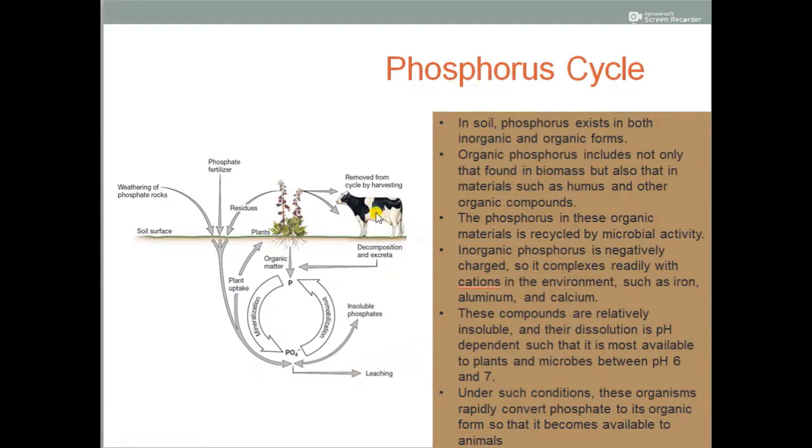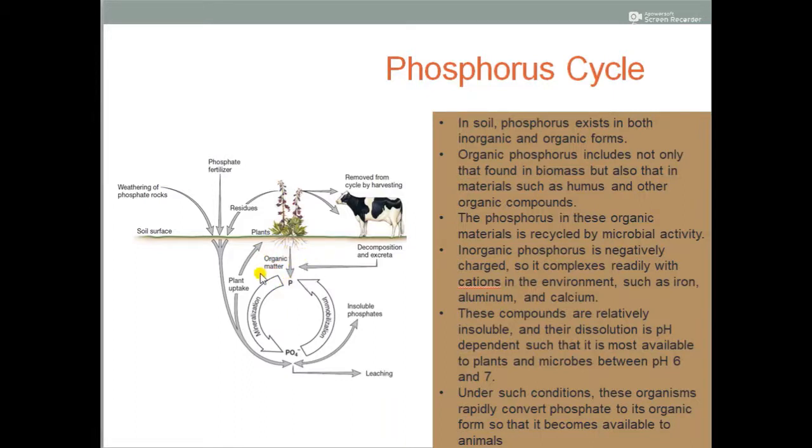And when animal excreta is put into the soil, that also adds organic matter containing lots of phosphates, because the animal feeds also contain phosphates, and only a small amount of those phosphates are utilized by the animals. So the remaining organic matter would also contain a large amount of phosphates.